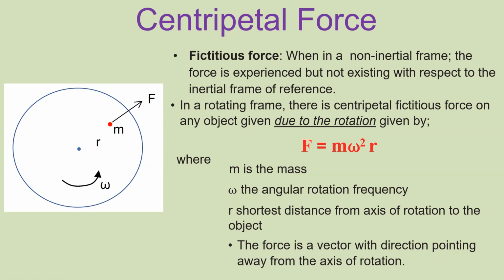When you are in a non-inertial frame, the force is experienced, but it does not exist with respect to the inertial frame of reference. Such forces are called fictitious forces. Both the centripetal force and the Coriolis force belong to that category. It is something like an induced force, but don't use the word induced, it is called fictitious.